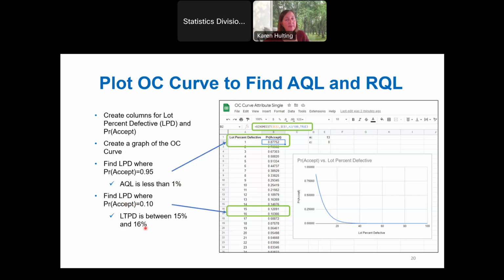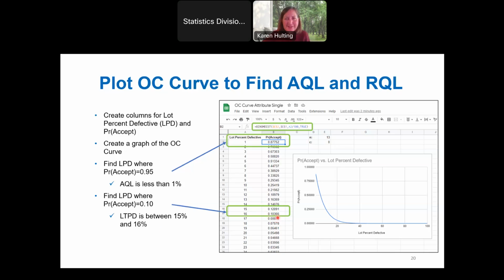Then I want to know what is my LTPD. Remember, I said that was the most important thing. So now I'm going to look at my probability of accept column, and I'm going to find where that value is about 0.10, right? 10%. This must have moved on me a little bit because it's actually between 0.10 and 0.08.